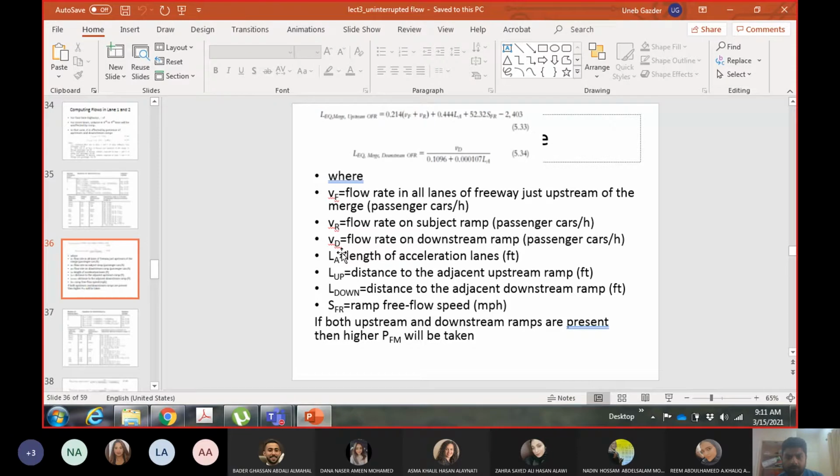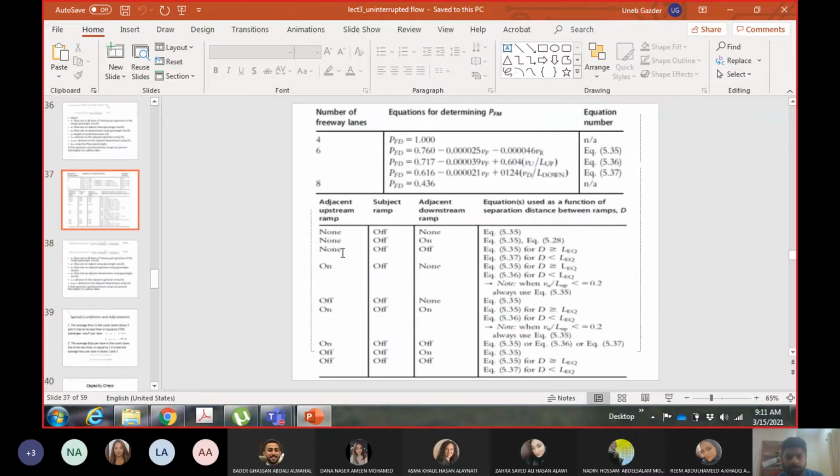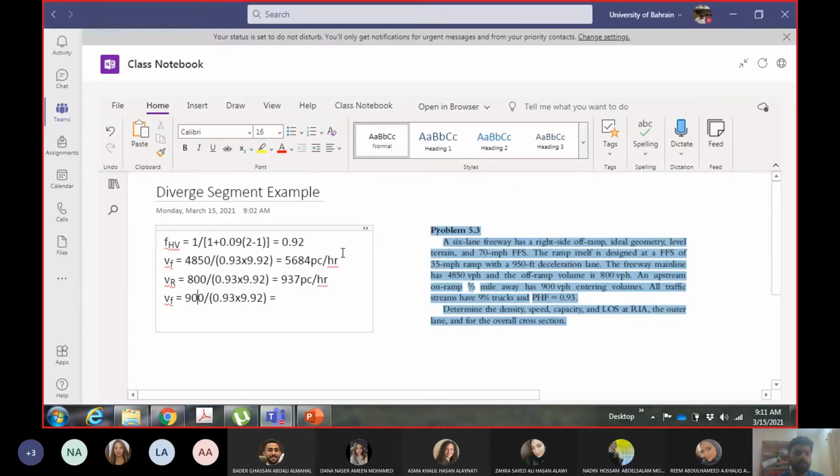They are using VD, so I will use VU, notation VU. How much is it? 1055 passenger cars per hour.